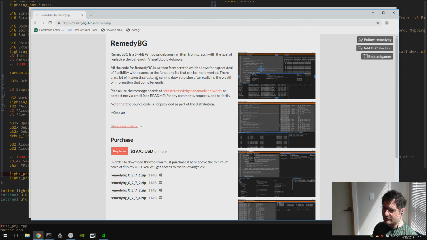Really, the thing that's missing right now is just breakpoint support and mini dumps. I guess those are the two things. It doesn't support mini dumps. It doesn't support advanced breakpoints, like data and conditional breakpoints. I'm trying to think of other things Visual Studio can do that it can't do, but I can't. I think that's it, really.